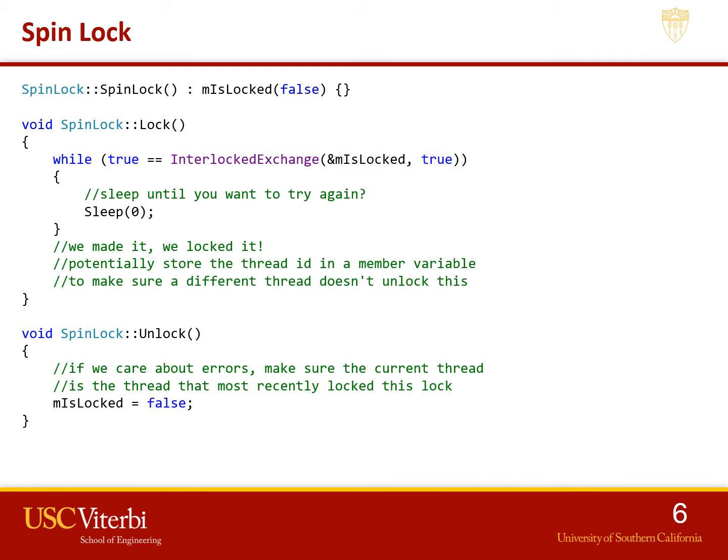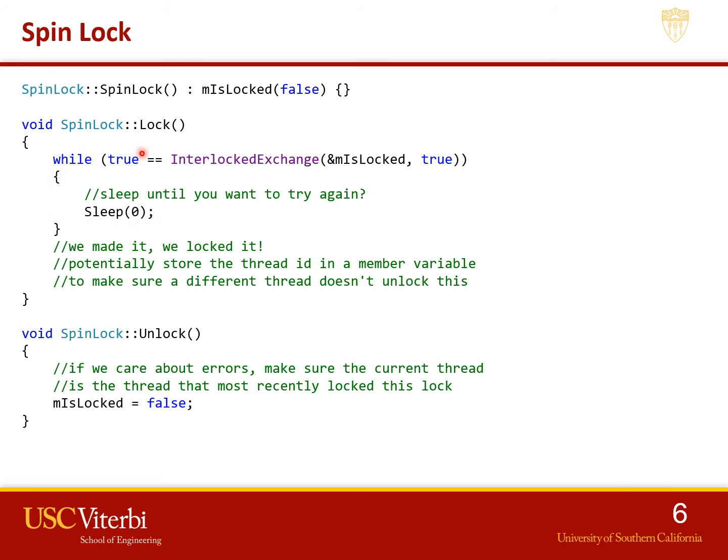So no matter whether it was locked before or not, it's locked now. And what I want you to do is return the old value. So if it was already locked, I'm going to get a true back. So if it was already locked, I sleep and come back up and try again.